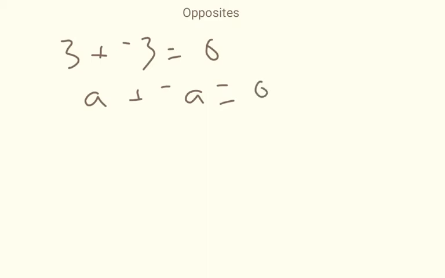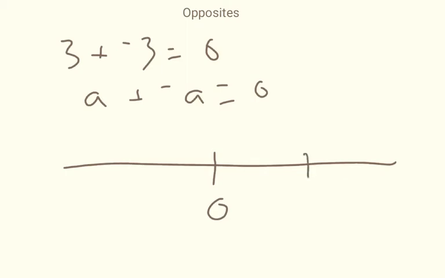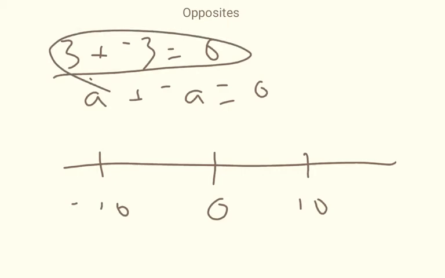Another way to define them is to say they are two numbers that are the same distance from 0 on the number line. So the opposite of 10 would be negative 10 because they're both 10 units away from 0. But I like the first definition because it has a lot to do with the addition property of equality, because 3 and negative 3 make a 0 pair, and that's pretty significant in solving equations.